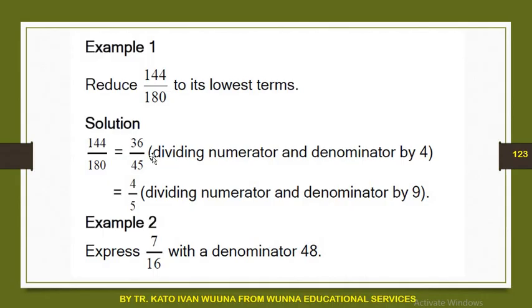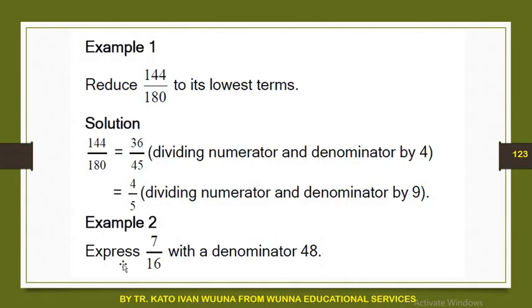It's okay if you can do that, but where it is a bit hard, we can start with the simpler common factors. We can even start by 2 like that until we reduce to its lowest common terms. So let us look at our second example.